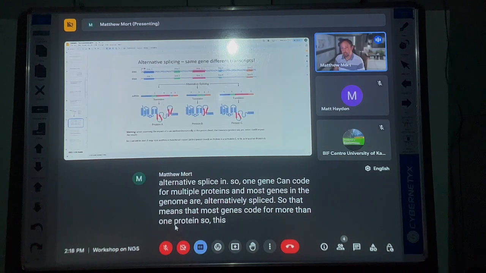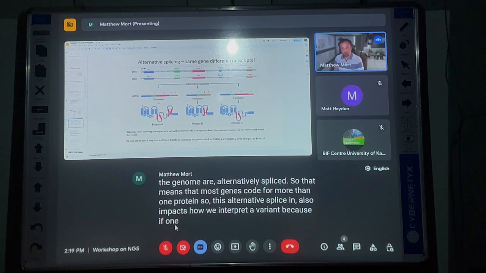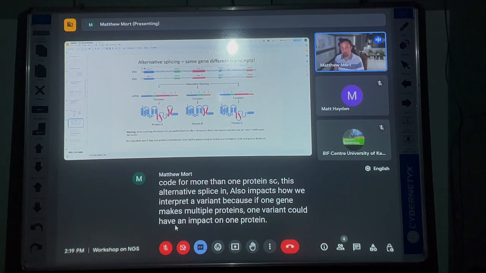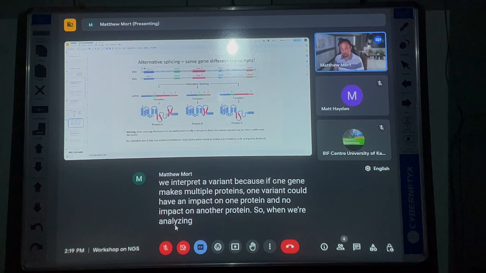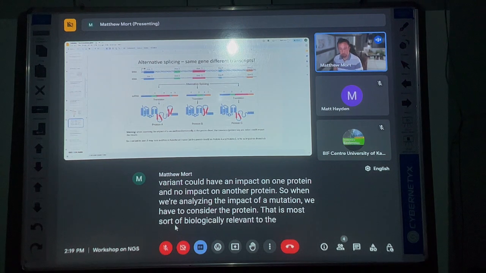This also impacts how we interpret a variant, because if one gene makes multiple proteins, one variant could have an impact on one protein and no impact on another. So when we're analysing the impact of a mutation, we have to consider the protein that is most biologically relevant to the disorder we're looking at.